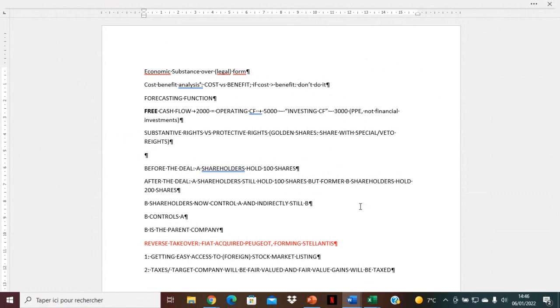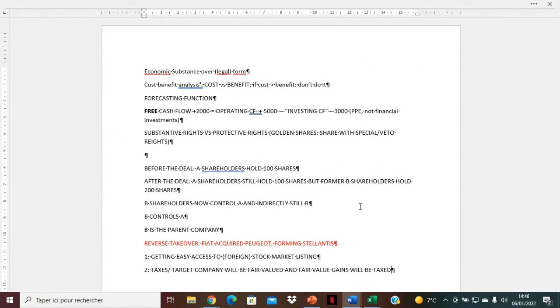Now, maybe the original idea here was that company B buys company A, but maybe the revaluation gains, hypothetically, are much, much higher for company A. That means if I do the deal in a regular fashion, that means B buys A, well, it means there are much more taxes to be paid. Therefore, I structure this as a reverse takeover. Company B is revalued.